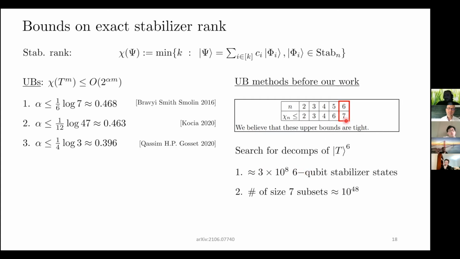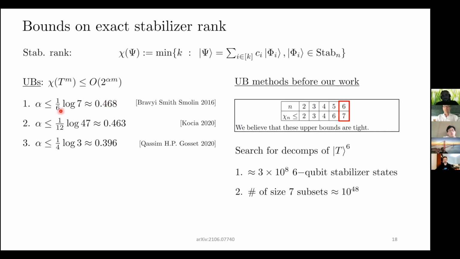And if you're looking for rank 7 decompositions, that's 300 million choose 7. So we're talking about a huge number of options to choose from. You're trying to search over this giant space, and of course it's going to be very hard to find these things. But if you do find a particular decomposition, then these upper bounds arise.